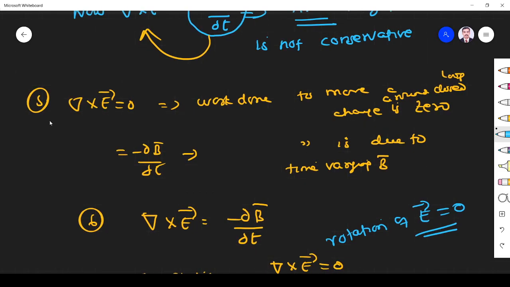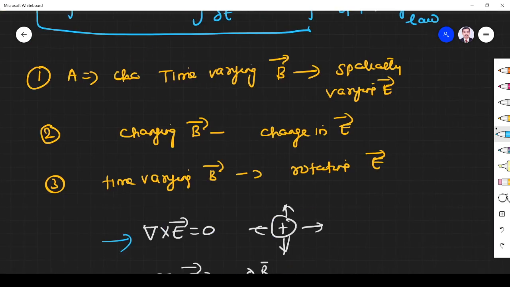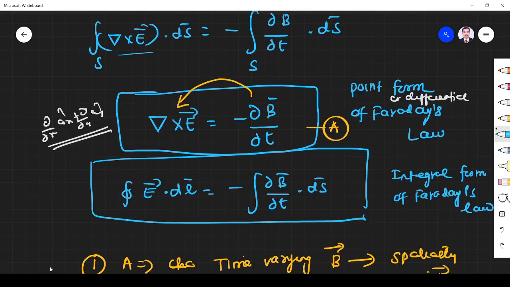Right? Now the question arises. Again we go here. Rotational electric field or spatially varying electric field is generated by a time varying magnetic field. Here also E dot dl is nothing but the rotating electric field only. Just now I explained. It is also generated by the magnetic field at individual points added together. That's what integration is. Clear?